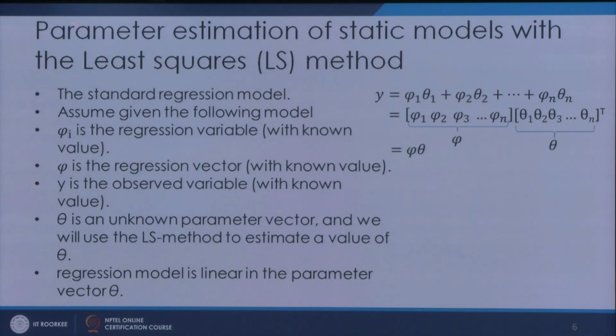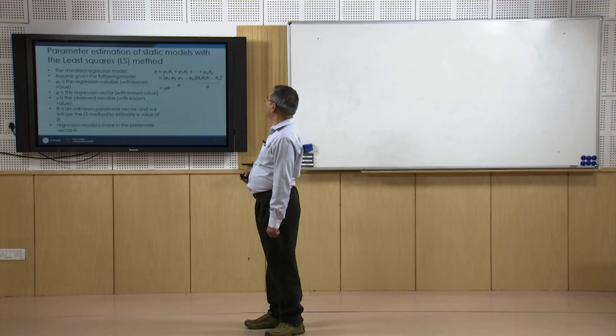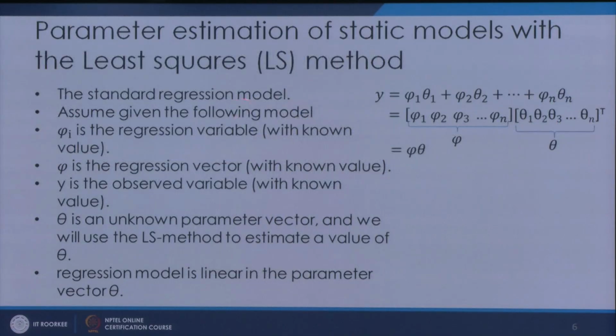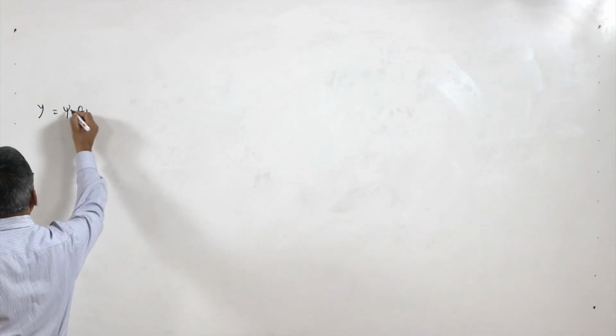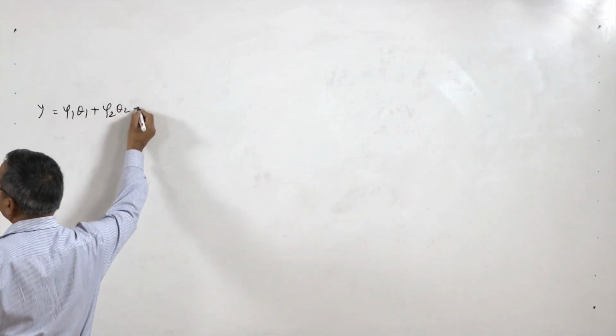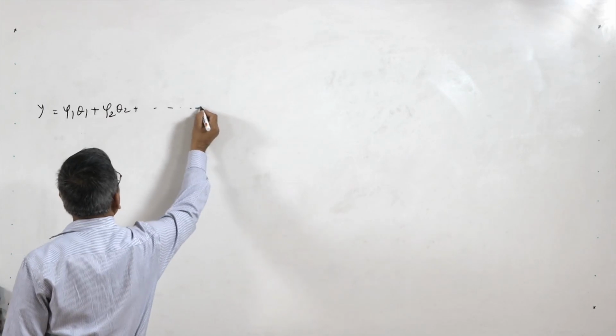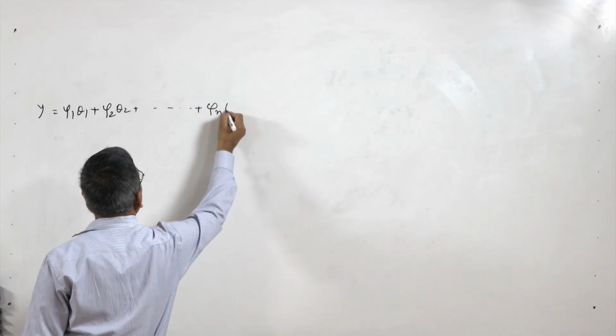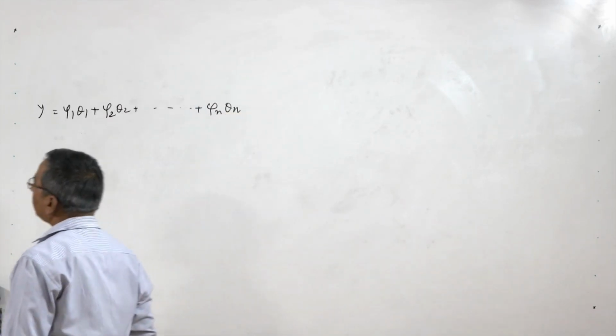For this, the standard regression model is used, and we can assume a model as indicated here: y is equal to phi 1 theta 1, plus phi 2 theta 2, and so on, plus phi n theta n.